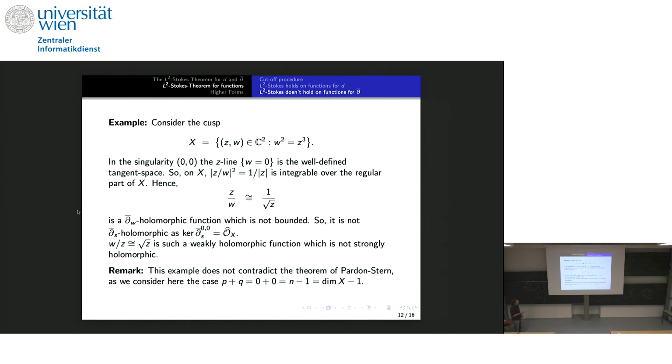So this behaves fine. It's holomorphic on the regular part, and it is L2, and it is in the domain of the d bar W operator, because it is holomorphic in the sense of distributions on the regular part. That is what we want.